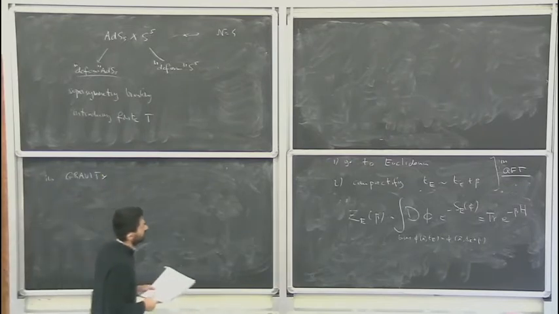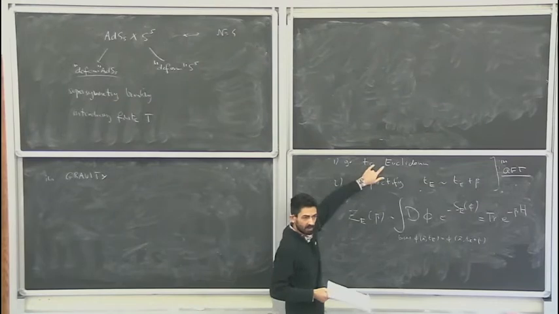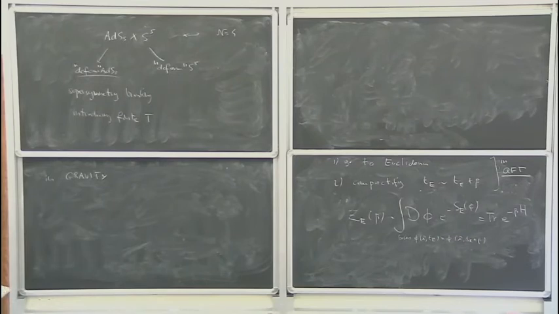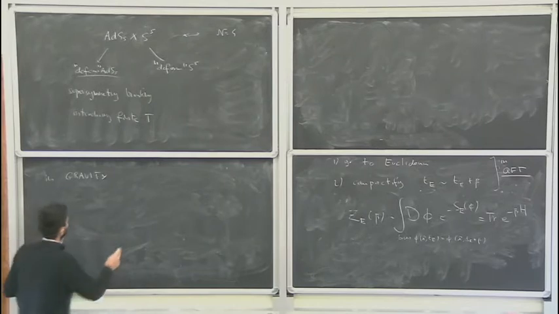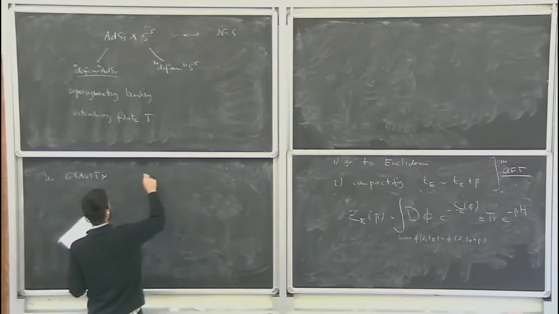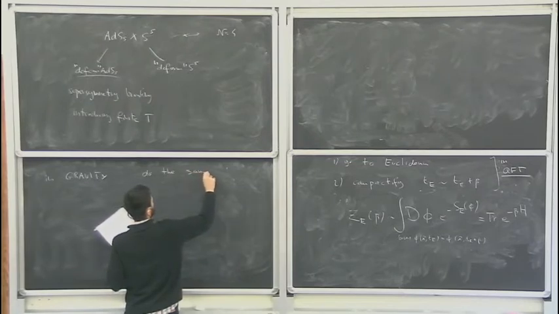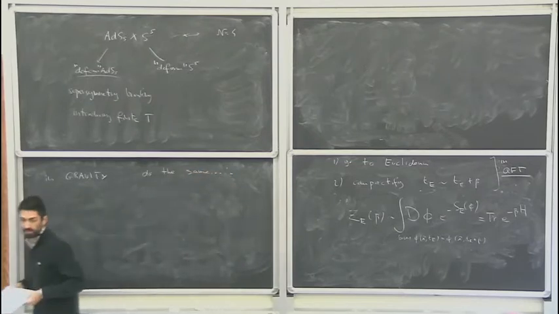So we go to Euclidean by doing a Wick rotation. t goes into i t, and then compactify this time direction. So there is not much more to say here, so do the same. And let's see how this works in practice.